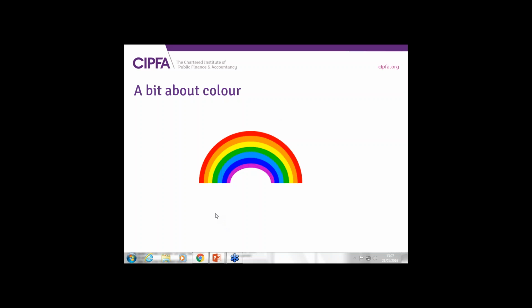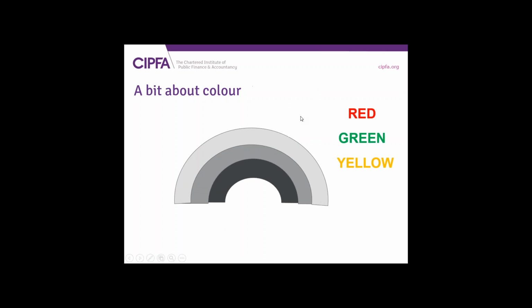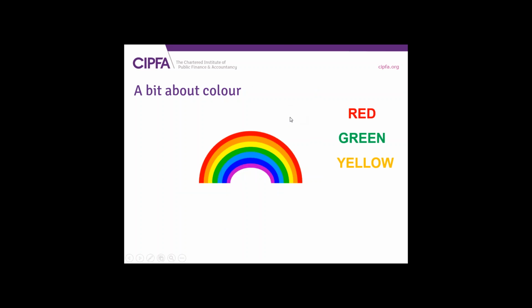And what that meant is all those beautiful RAG reports that people would send in with red and green written on them, actually, he couldn't see any of that, because all he could see is effectively the same type of colour. So we need to just be a little bit careful about colour. Red and green commonly can be confused for people who are colourblind.